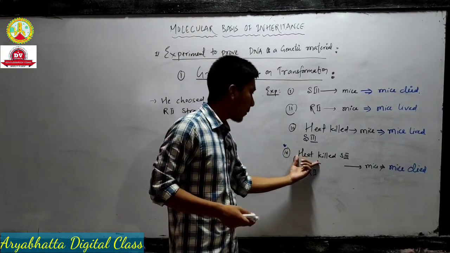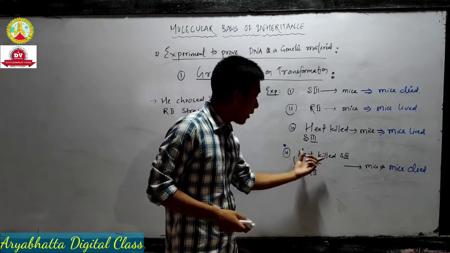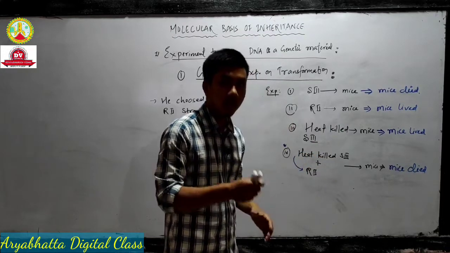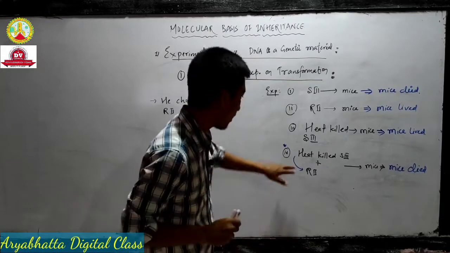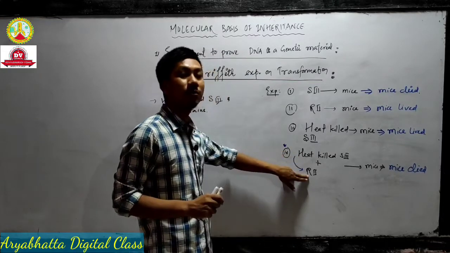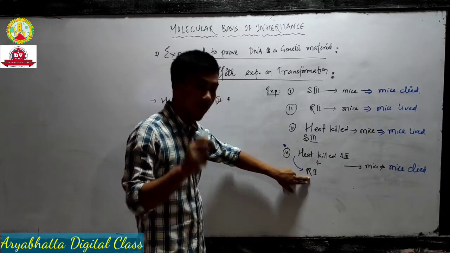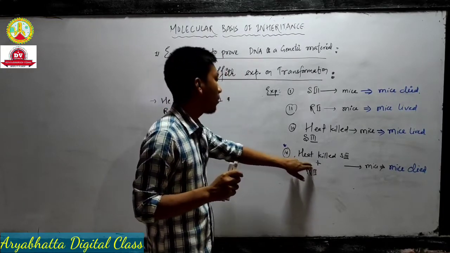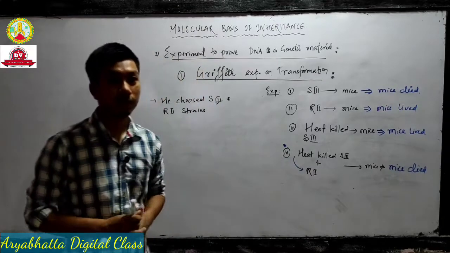So he concluded that though the S3 strain was heat killed, there must be something still present, which transformed the non-virulent R2 strain, resulting in the formation of virulent.